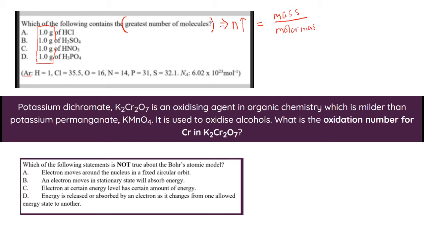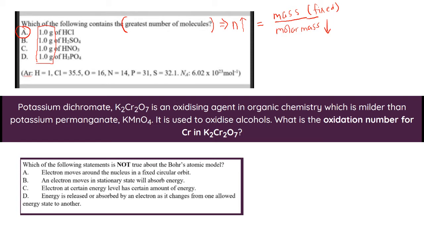Since the mass is fixed, to get a higher number of moles, the molar mass has to be smaller. Among options A until D, HCl obviously has the smallest, or lowest, molar mass. So the number of moles in 1 gram of HCl will be the highest, leading to the greatest number of molecules.